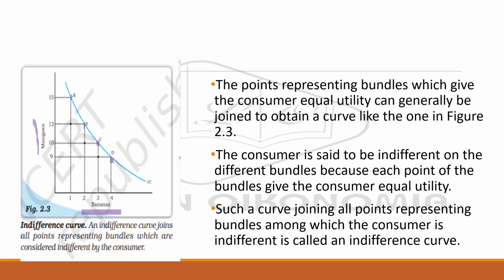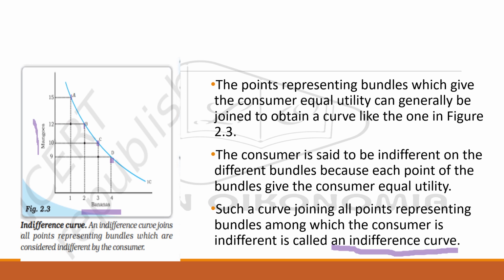Why this happens is because each point is giving you different combinations of the two commodities, but the consumer is having the same satisfaction from all of these points on the curve. So when you join these points like A, B, C and D or other such points, the curve you get is known as the indifference curve.